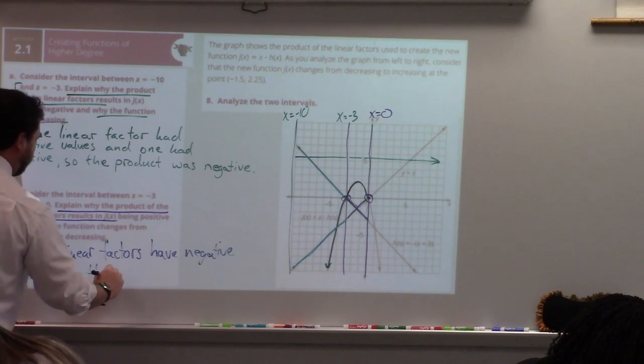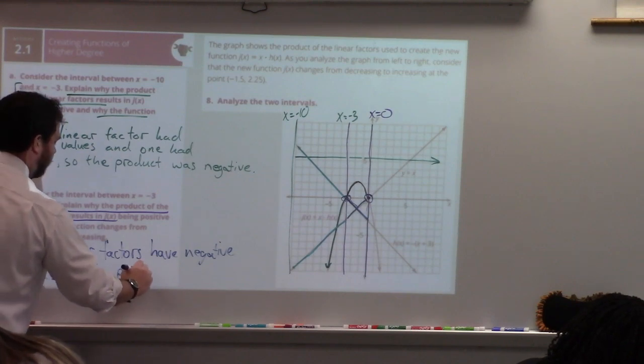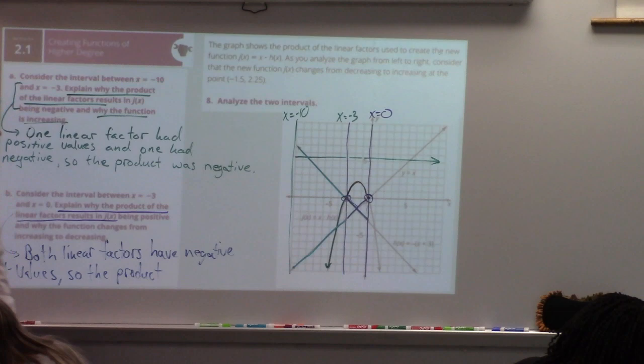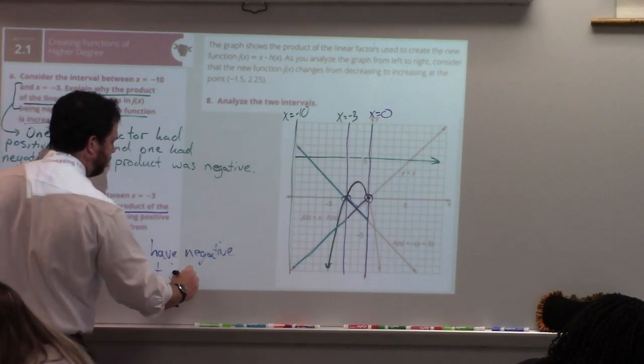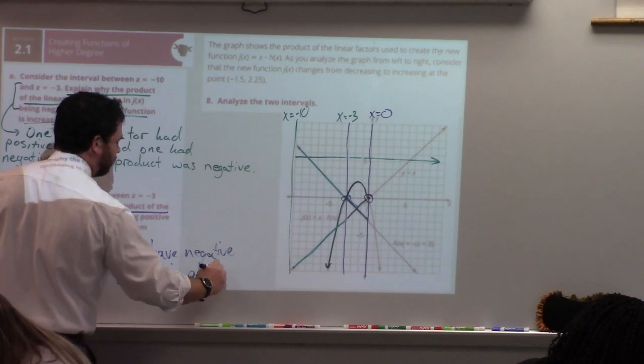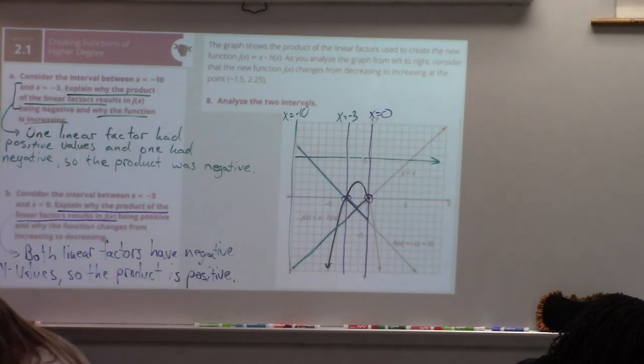So the product, and why am I talking about a product? Because it's multiplying, right? We're dilating one function by the other, but the product is what? Positive. The product is the result of multiplication. The product is the result from multiplying.